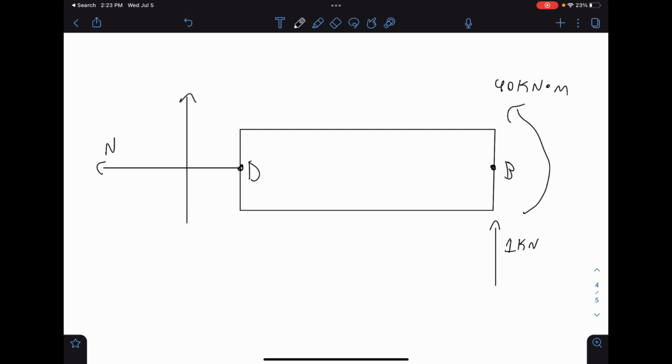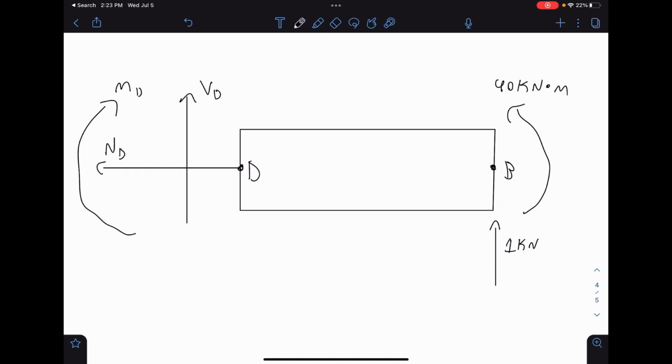Remember that we always assume it to be positive. And for it to be positive, it needs to be rotating this segment in a clockwise direction. So VD, ND, and same thing with our moment here. We need to be assuming that it's positive, so it's curling or bending our beam upwards. So MD.